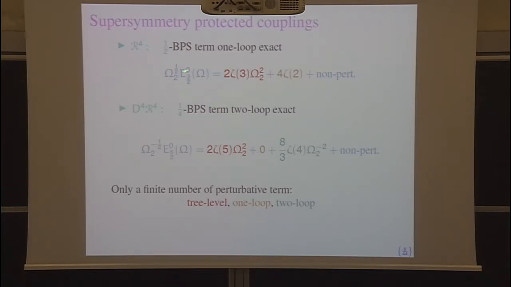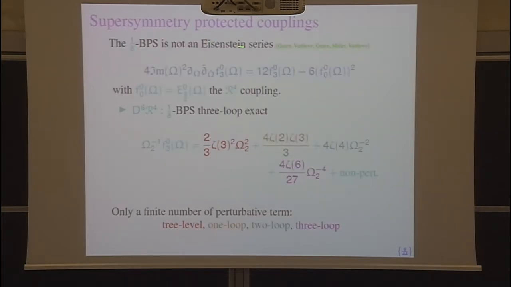This Eisenstein series in the effective action of string theory, if I do a weak coupling expansion, where Omega 2 is 1 over g_s, and I normalize properly going from the Einstein frame to the string frame, has the tree-level term, zeta 3, one loop, zeta 2, and non-perturbative terms. Then the D to the fourth R to the fourth, the quarter BPS, has a tree-level term, zeta 5, no one loop, and a zeta 4 two-loop term plus non-perturbative.